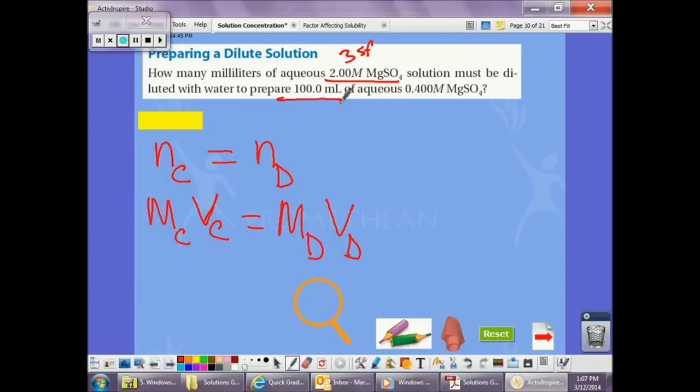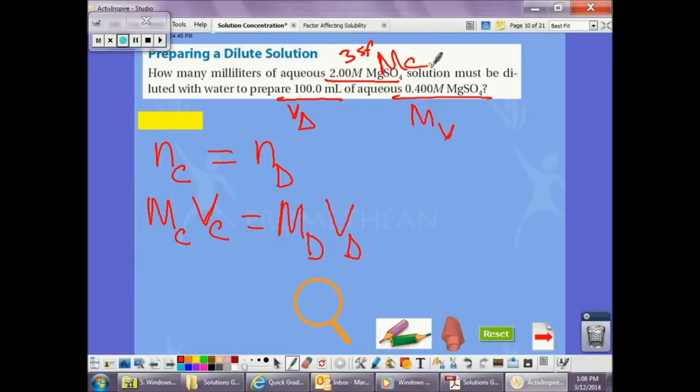It is diluted. So we write V diluted. How about this one? Is that the diluted or the concentrated? Diluted. So I write down the molarity diluted. What is 2 molar? It is my concentrated.